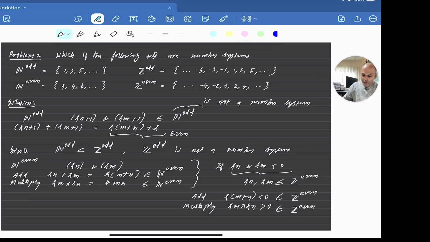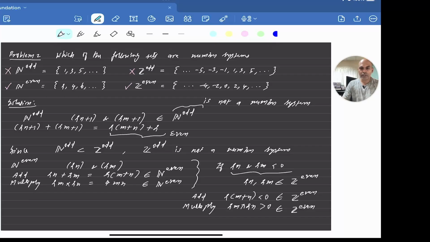So what we have seen is, examples: N odd is not a number system, so Z odd is also not a number system. N even is a number system, and Z even is also a number system.